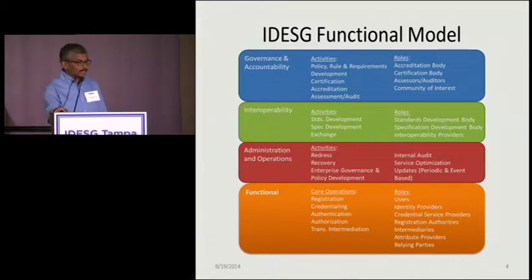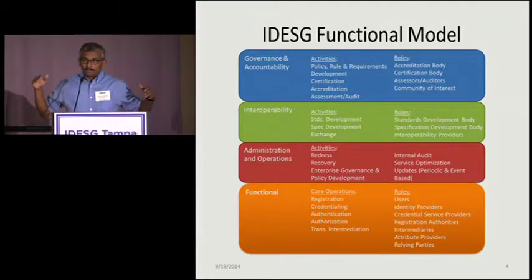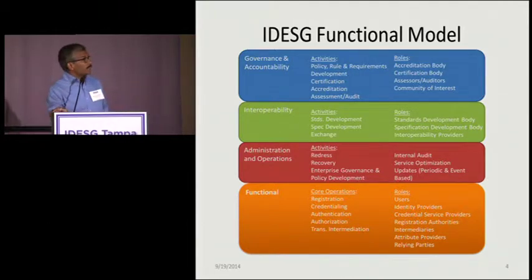And over all these, we have the umbrella framework of governance and accountability. We need policies in the ecosystem, rules and requirements, certification, accreditation, assessments, audits.